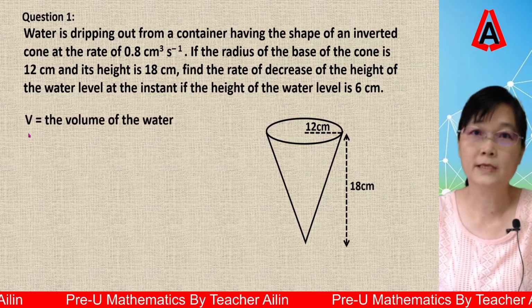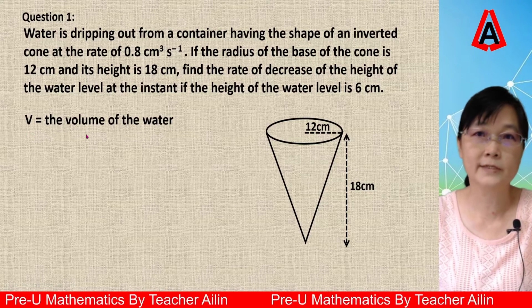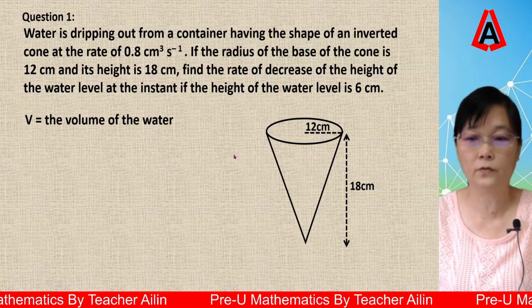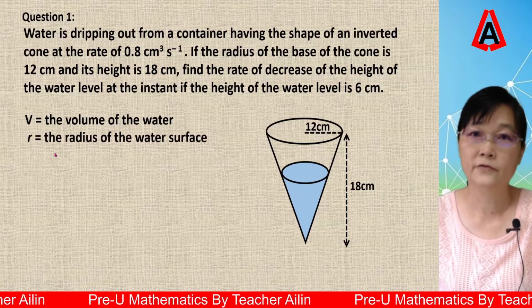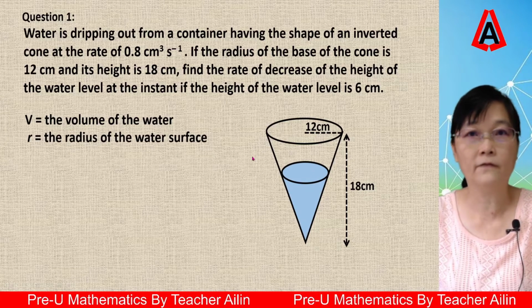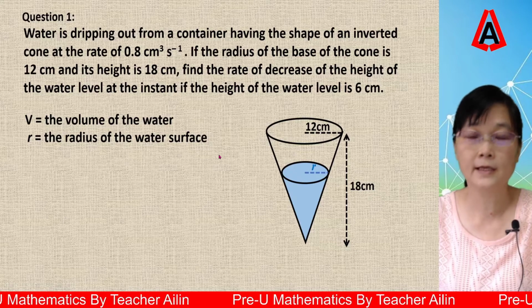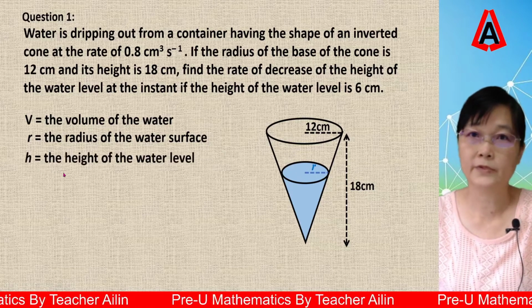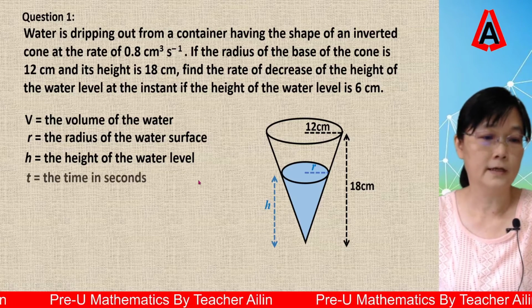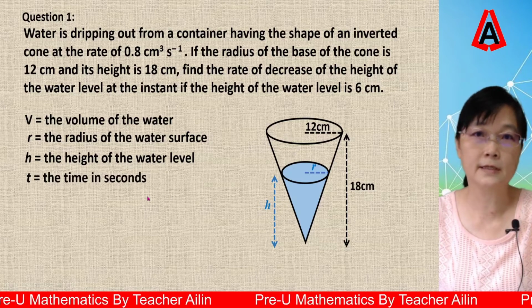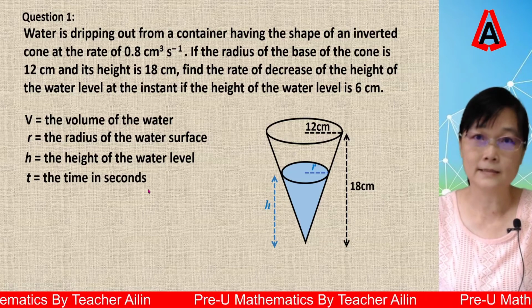First, I use capital letter V to represent the volume of the water in the cone. R represents the radius of the water surface. Then H represents the height of the water level. Then T represents the time in seconds.